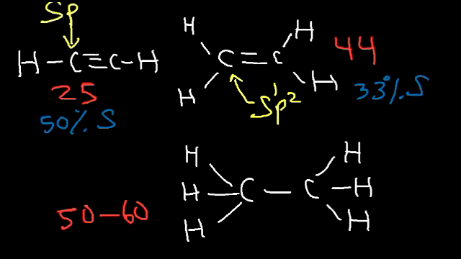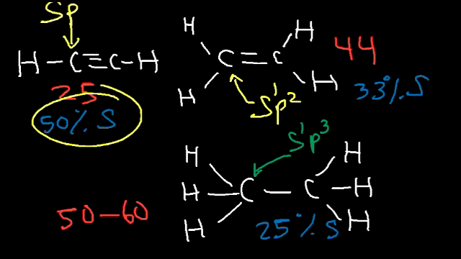And for ethane, the hybridization of that carbon, it has four groups, so it's going to be s1p3 hybridized. For sp3 hybridization, you have one s orbital out of a total of four orbitals. So 1 out of 4 means we have 25% s character. So the reason why the alkyne is much more acidic than alkenes and alkanes is because it has more s character.